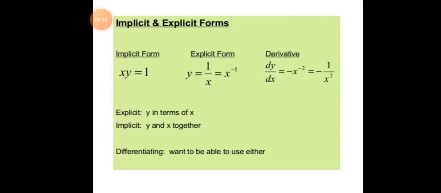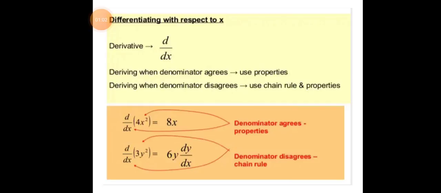Differentiating, we want to be able to use either. Differentiating with respect to x, the derivative is d divided by dx. When the denominator agrees, use properties. When the denominator disagrees, use the chain rule and properties.